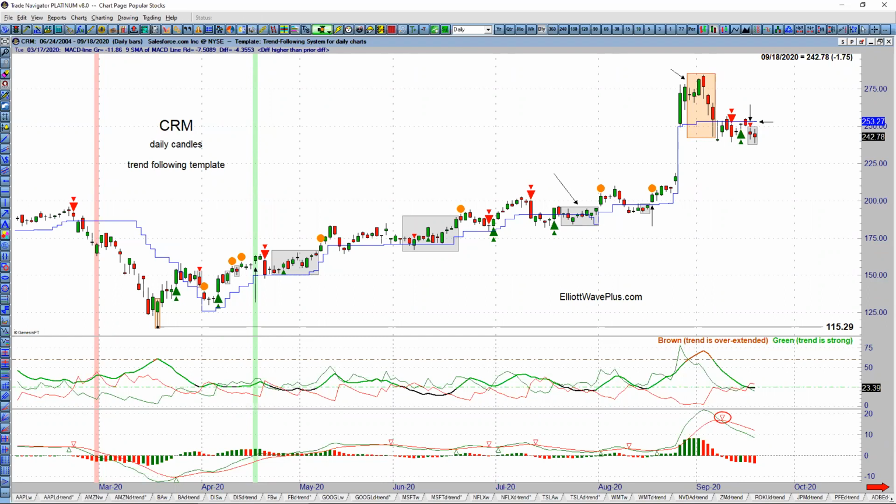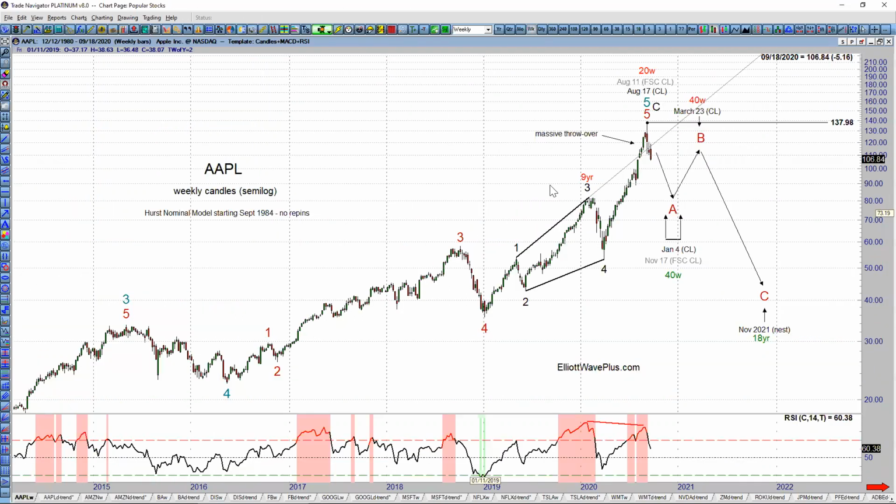All right, Apple. I think Apple ended an expanding diagonal there in early September. And now it's broken back in across that trend line, extending from extremes of 1 and 3.